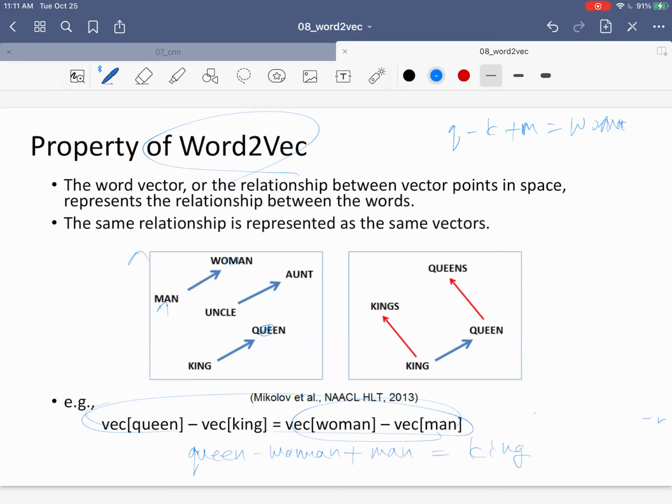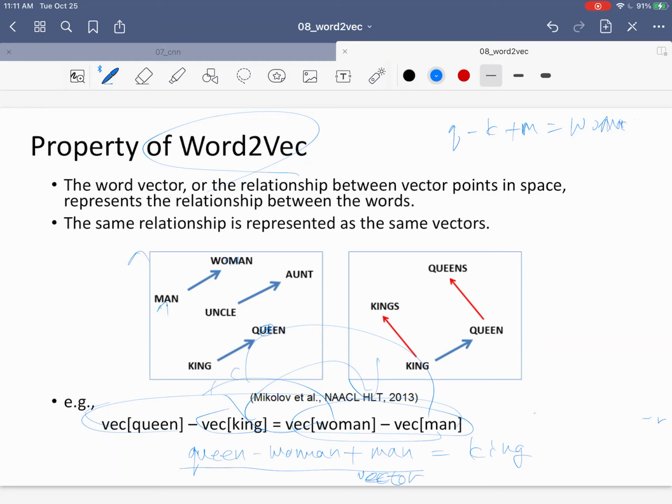So if you move it over here, and you take this one here, then you will get this equation. So when you have a queen vector minus woman vector plus man vector, this will be some vector, but this vector wouldn't exactly be the king vector.